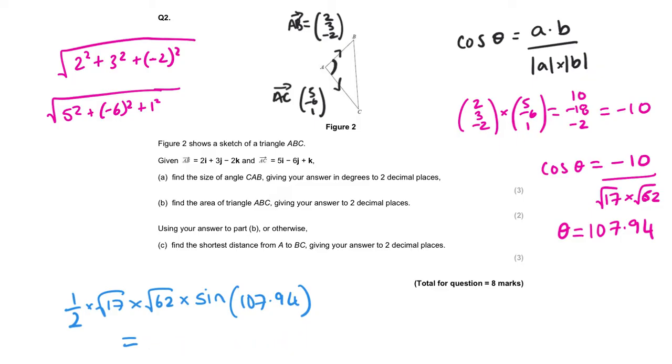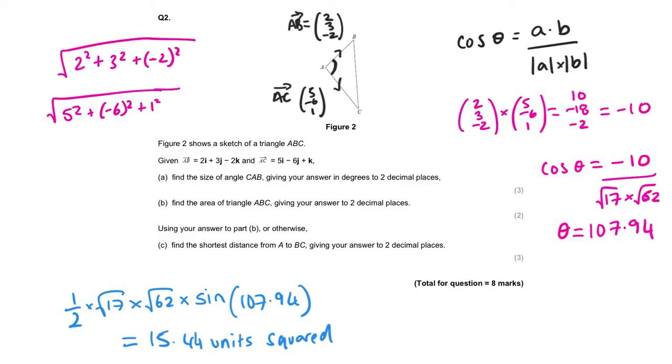Okay, Nadine. 15.44 units squared, 2 decimal places. Perfect. Just to say, if you got 14 point something, it's because your calculator's in radians. Please make sure we're in degrees. We were given this in degrees, okay?